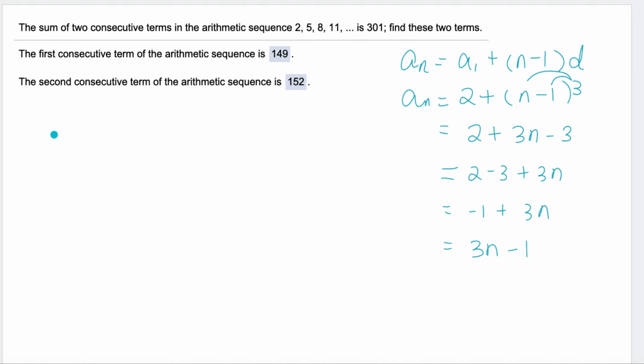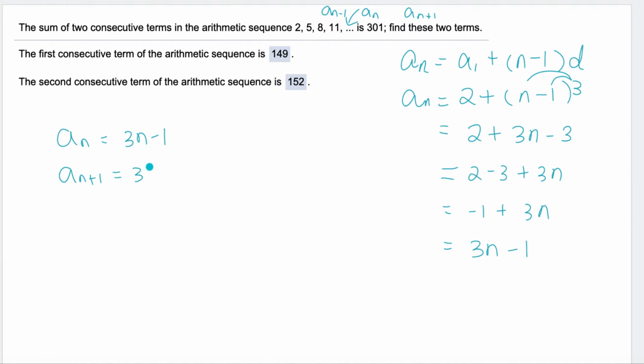But we know the nth term, so somewhere here you have the nth term, and you're going to have one more than that, the n plus 1th term, right? So if nth term is 3n minus 1, the next term, we can put that as n plus 1th term.